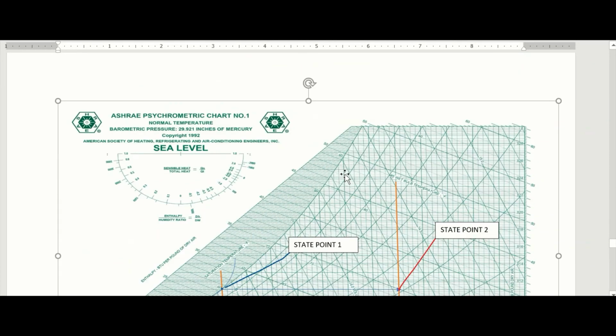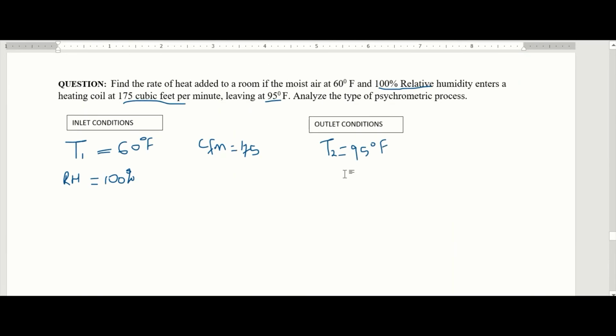Because we're asked to find the rate of heat added, I can use the formula: the rate of heat added from point 1 to 2 is equal to the mass flow rate of dry air times the enthalpy at the exit minus the enthalpy at the inlet. Now remember, we have to find these different values.